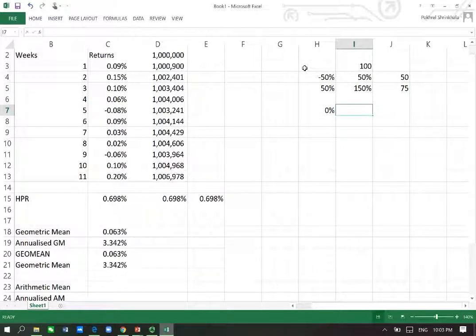The end value of 75 divided by the beginning value of 100, we get 0.75.